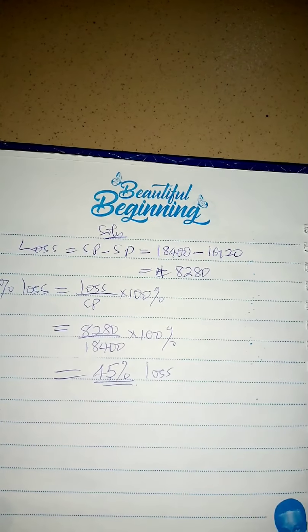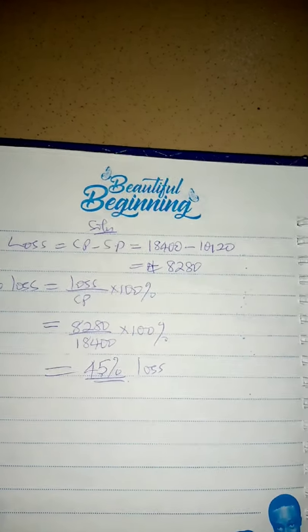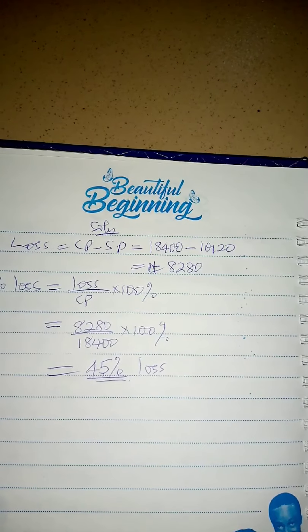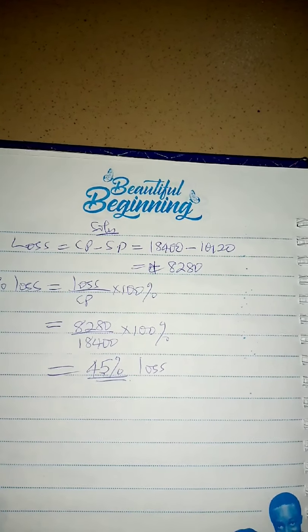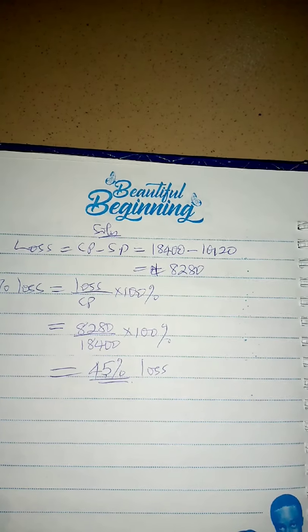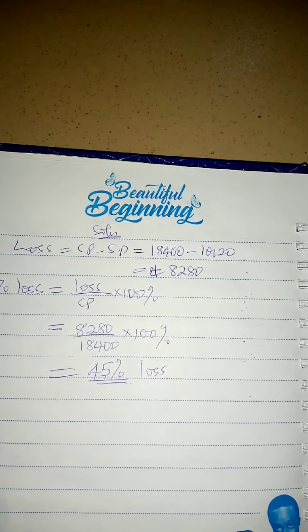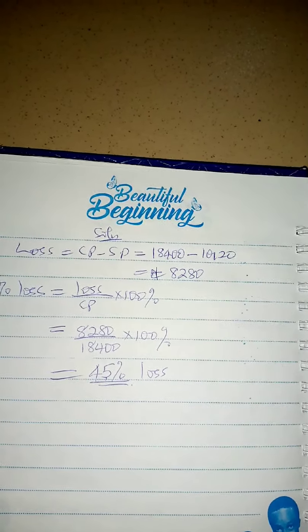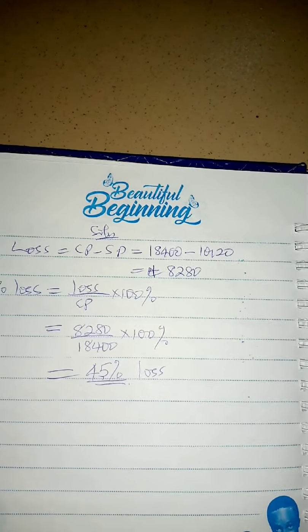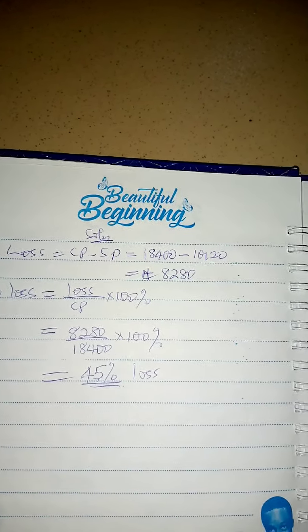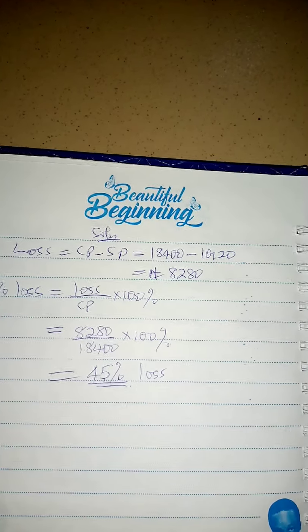And when you compute using your calculator, that is, press 8280 times 100, then divide your result by 18400, it will display 45% loss. You put the loss because this one is a loss, and that's how you calculate it.